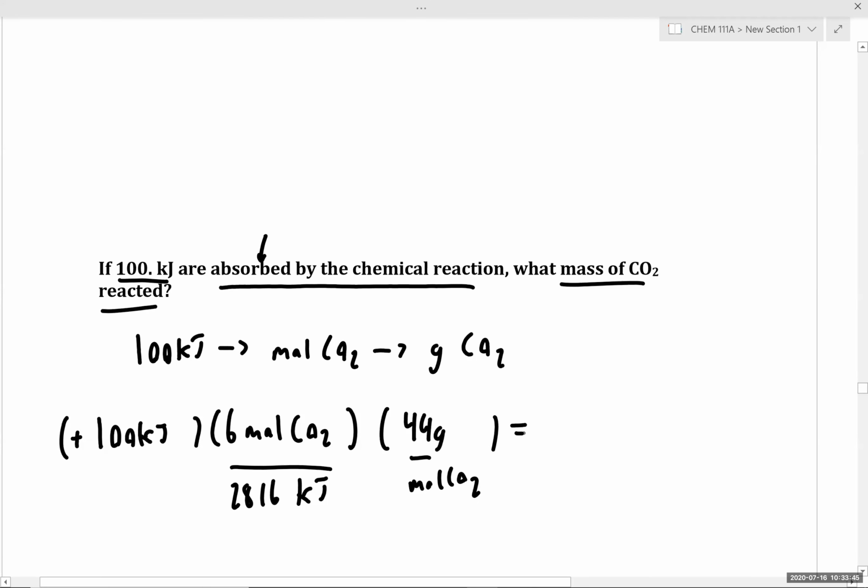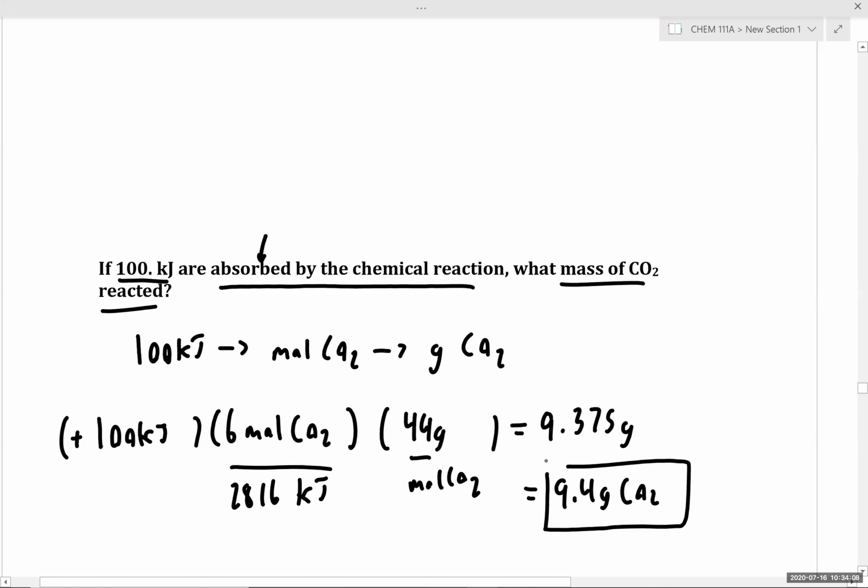And that in turn gives us 9.375 grams that we round to 9.4 grams of carbon dioxide. Does this example make sense to everyone? Everyone comfortable with this example so far?